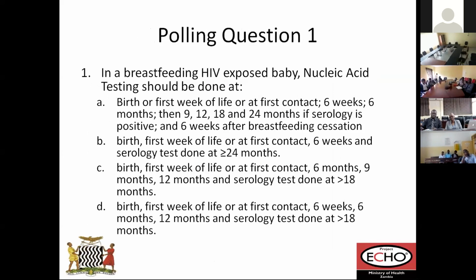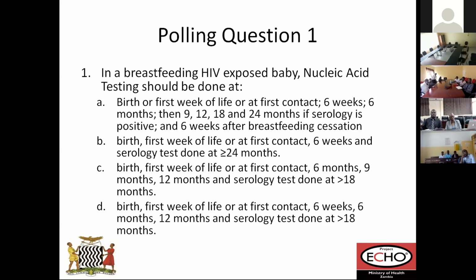So our first polling question. In a breastfeeding HIV-exposed baby, nucleic acid testing should be done at A, birth or first week of life or first contact, then 6 weeks, 6 months, then 9, 12, 18, and 24 months if serology is positive, and 6 weeks after breastfeeding cessation.